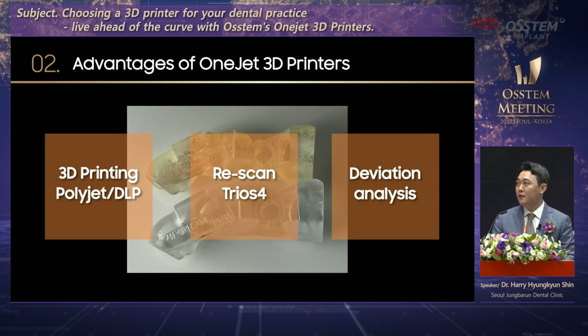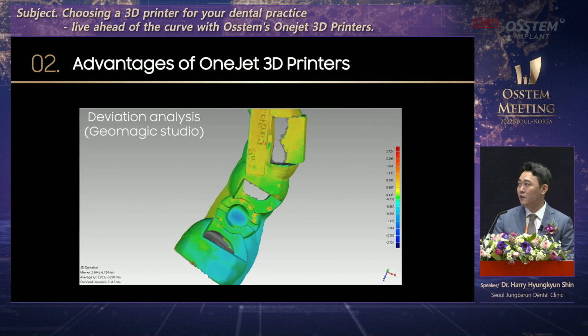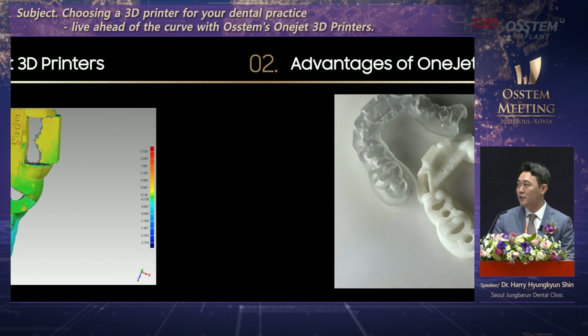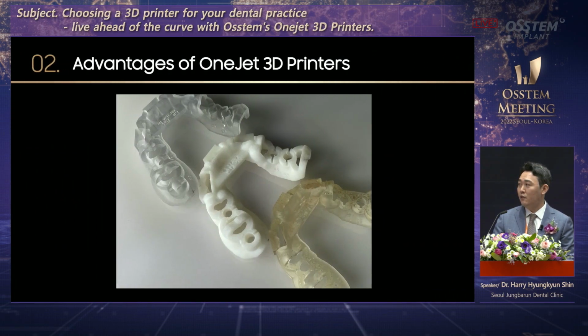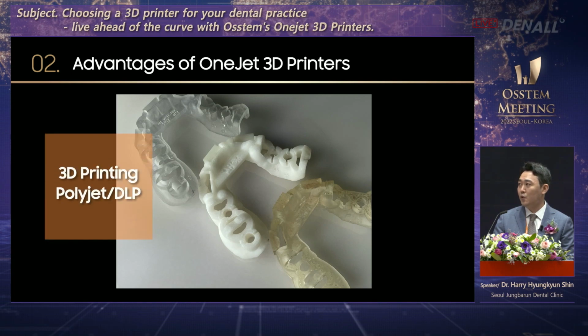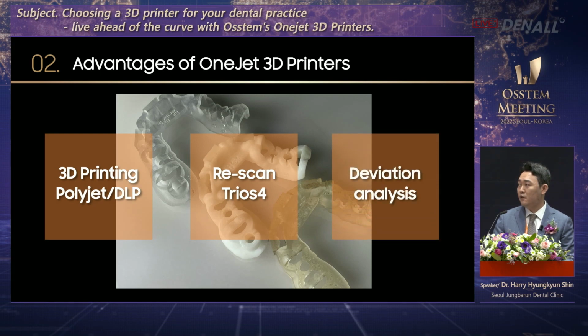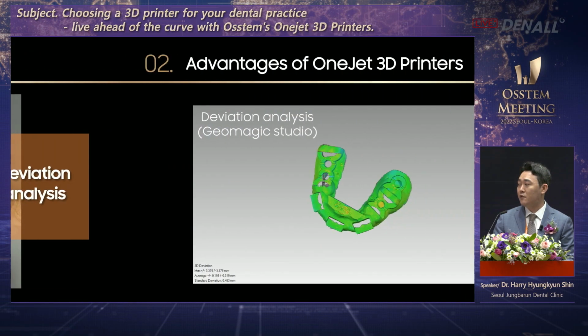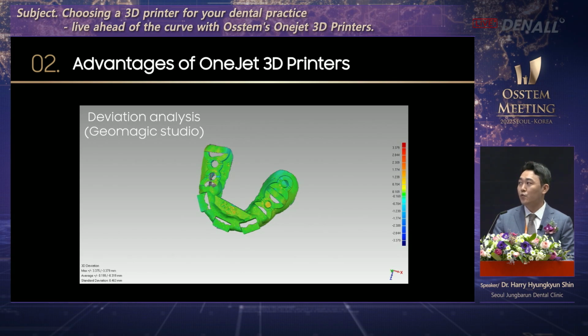deviation is analyzed. In terms of partial, if it is closer to green, it is closer to true values and less deviation. So there's no problem with the deviation. This is a full arch size guide that has been printed and rescanned, and the deviations are analyzed.